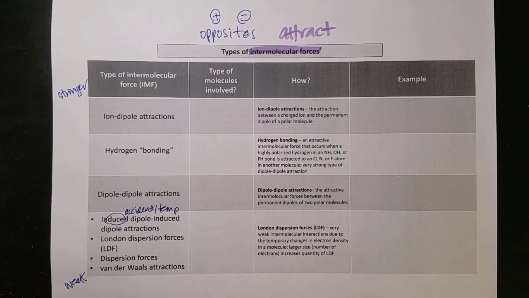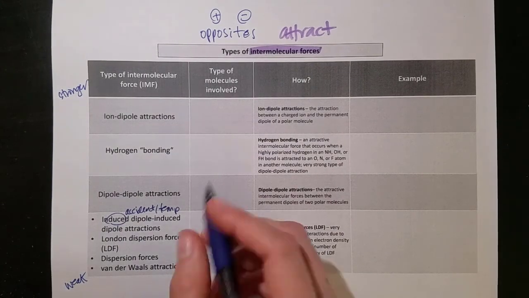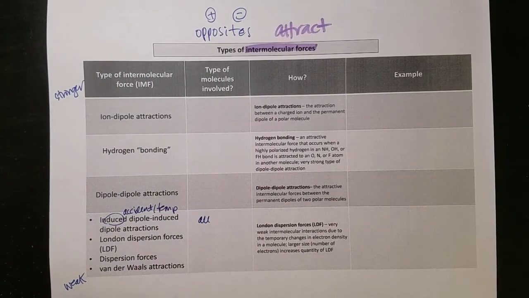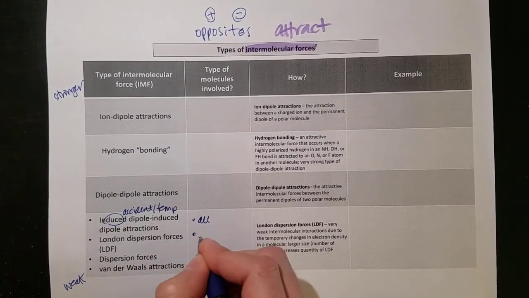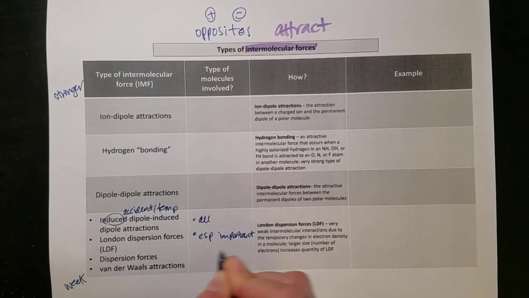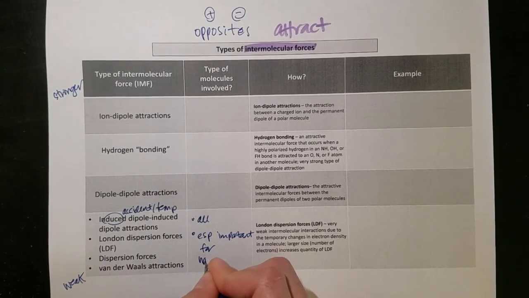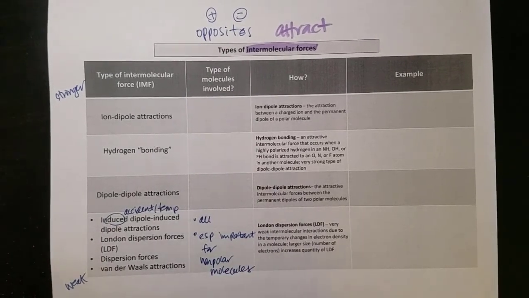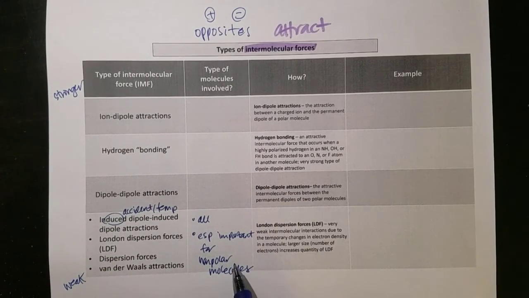You could think of them as accidental quick conversations like you might have with someone in the hall or at the mall or a park if you weren't all in quarantine. All of our molecules can participate in these quick attractions, but they're especially important for nonpolar molecules, and we'll see why as we progress through this table.